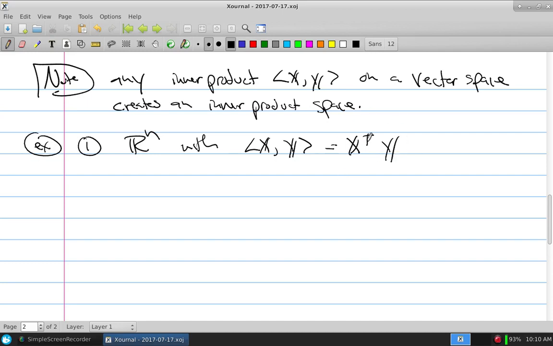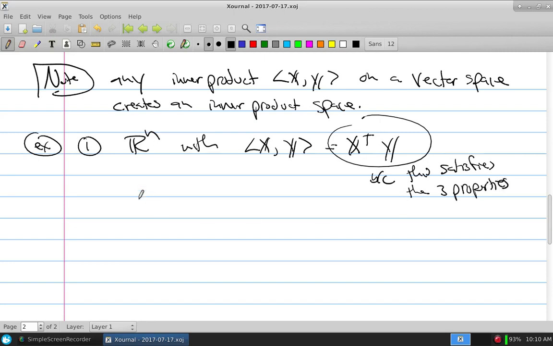This satisfies the three properties. That implies that Rn with x transpose y is an inner product space.